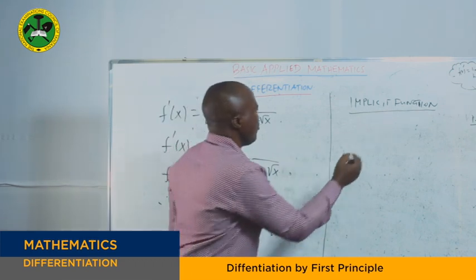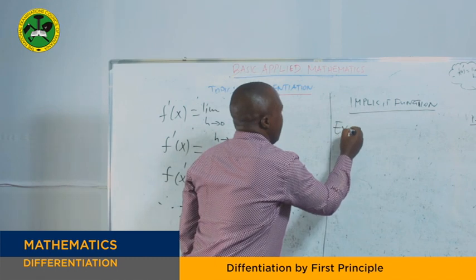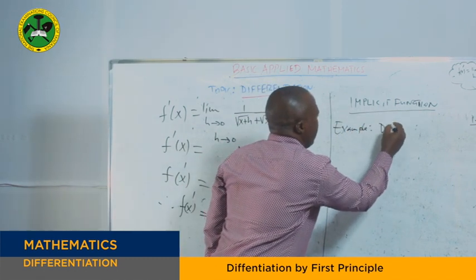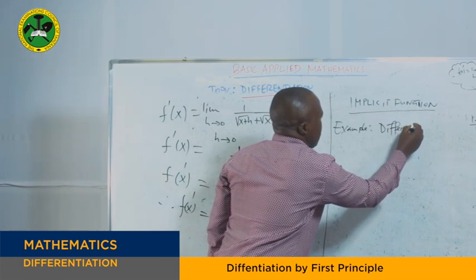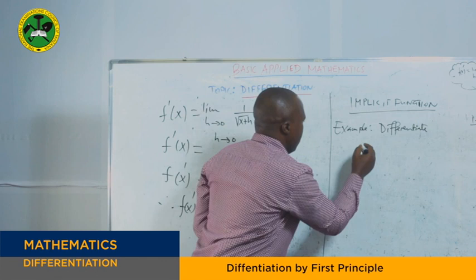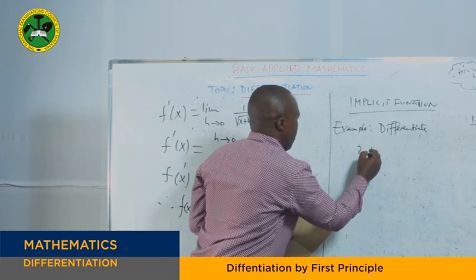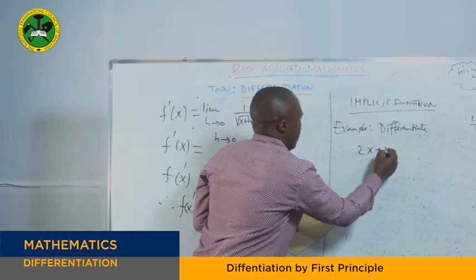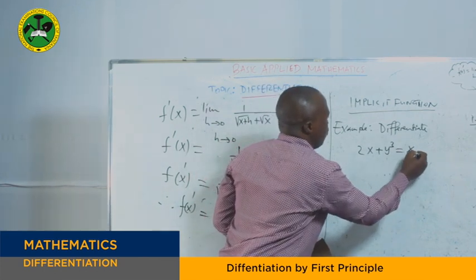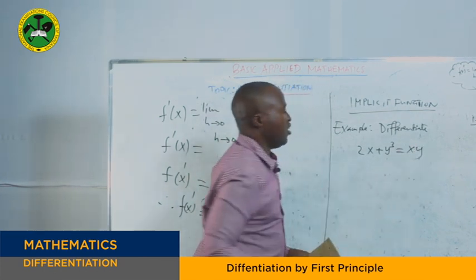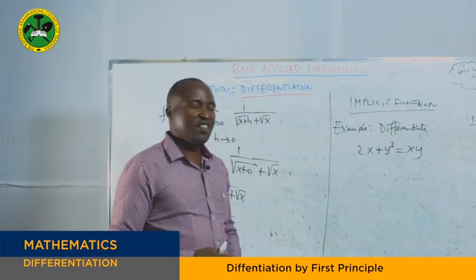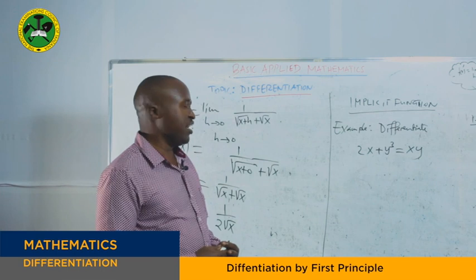Let us see the first example. Differentiate 2x plus y cubic is equal to xy.